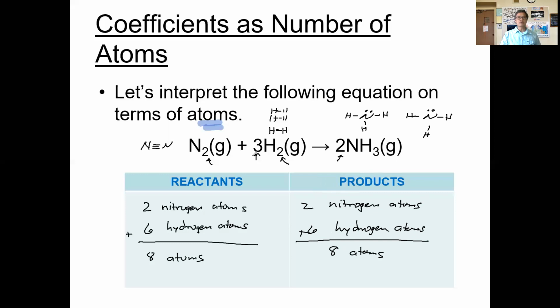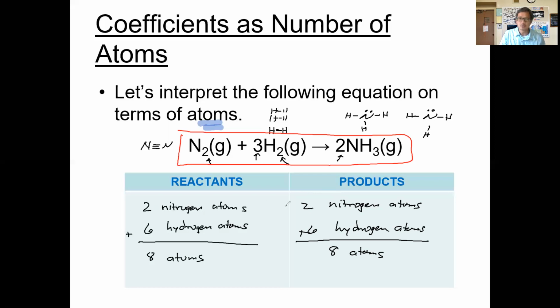So essentially, when we interpret this reaction, the reaction between nitrogen and hydrogen that I introduced in the last one, 1 nitrogen with 3 hydrogens to form 2 particles of ammonia, we start out with 2 nitrogen atoms and 6 hydrogen atoms.